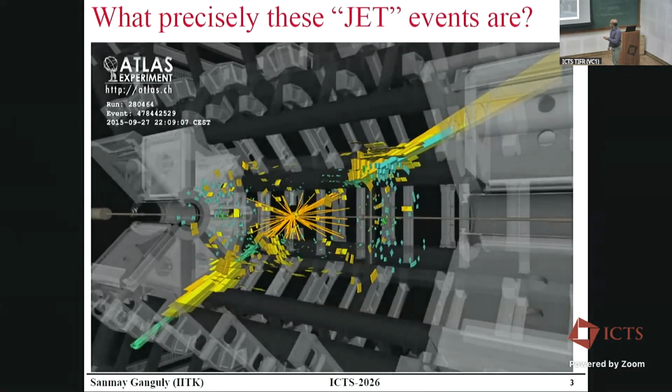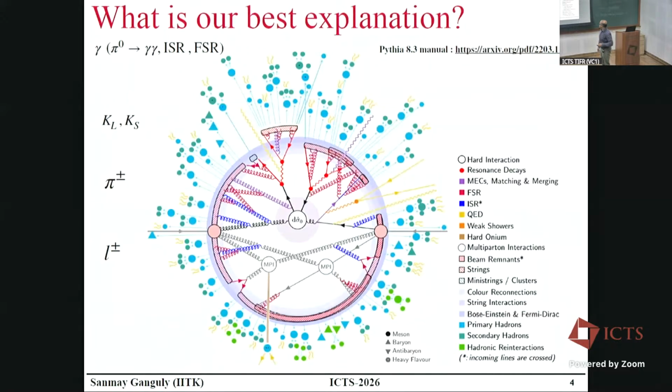This outcome, like an energy splash in colliders: what is our best understanding when we actually collide protons? The end-state configuration is a bunch of hadrons, leptons, photons coming from pi-naught decay, and prompt photons coming from QED Bremsstrahlung. Everything is present there. So in a single event of a proton-proton collision, this is the set of final-state particles we observe.